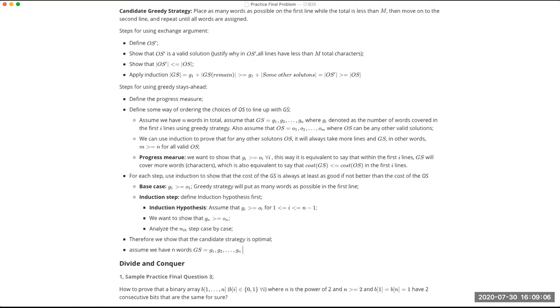Try that yourself, and you will see what kind of problem you will encounter when you're proving the induction step.